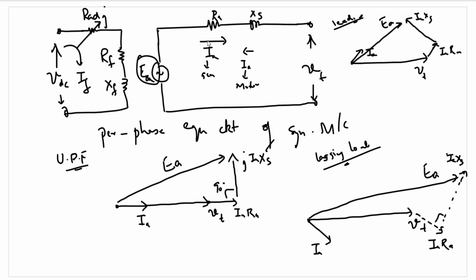Because of the nature of this induced voltage, we can model the armature reaction effect using a reactance. I'm not saying here whether it's an inductive reactance or a capacitive reactance; this totally depends upon the nature of the load.